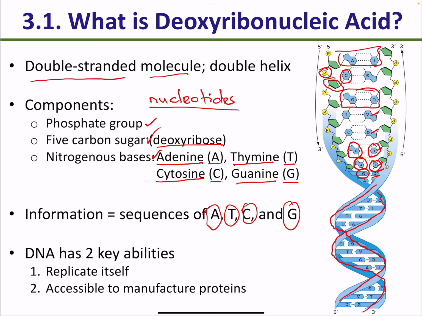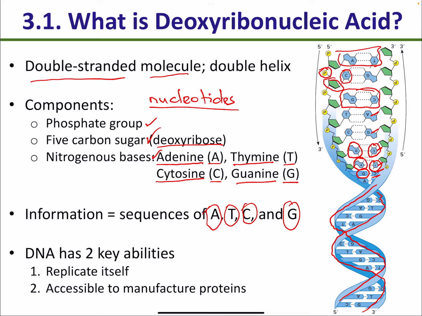Now, there are a number of characteristics that are very typical to DNA. Two very specific characteristics that I want you to remember. One is that DNA can replicate itself. Because it can replicate itself, during the cell cycle, the genetic information is copied so that the daughter cells are going to inherit half of that replicated DNA so that they can have, at the end of the day, the exact same genetic information in the new daughter cells.